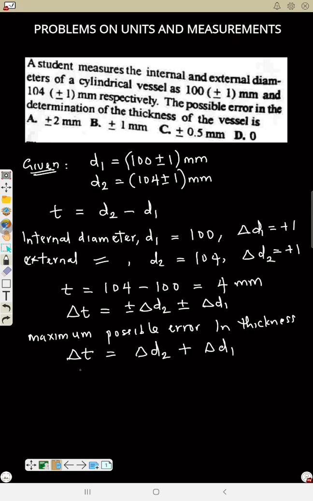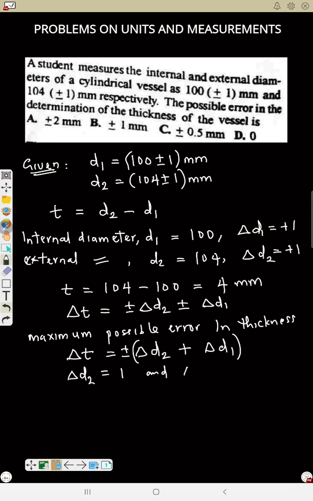So that means according to the question, maximum error in d1 is 1 and maximum error, this one there is plus or minus, but the maximum, so to be plus or minus delta d2 plus delta d1.